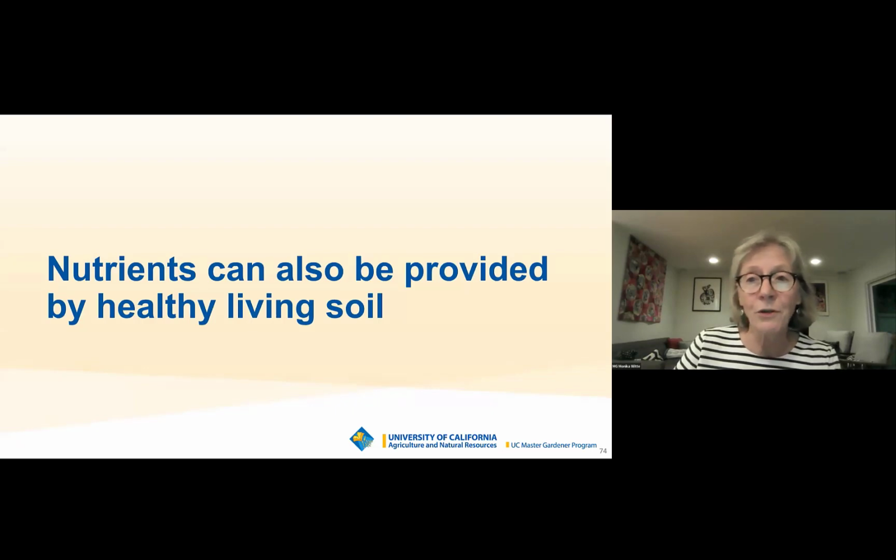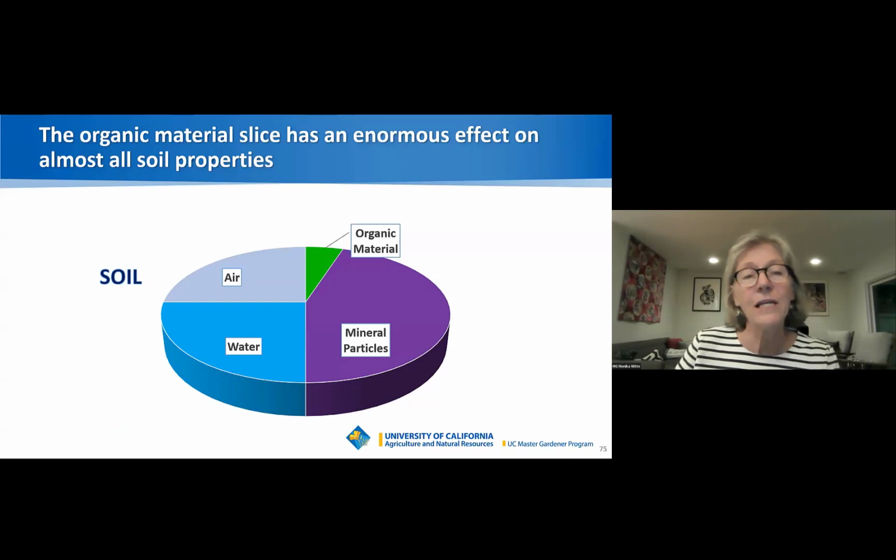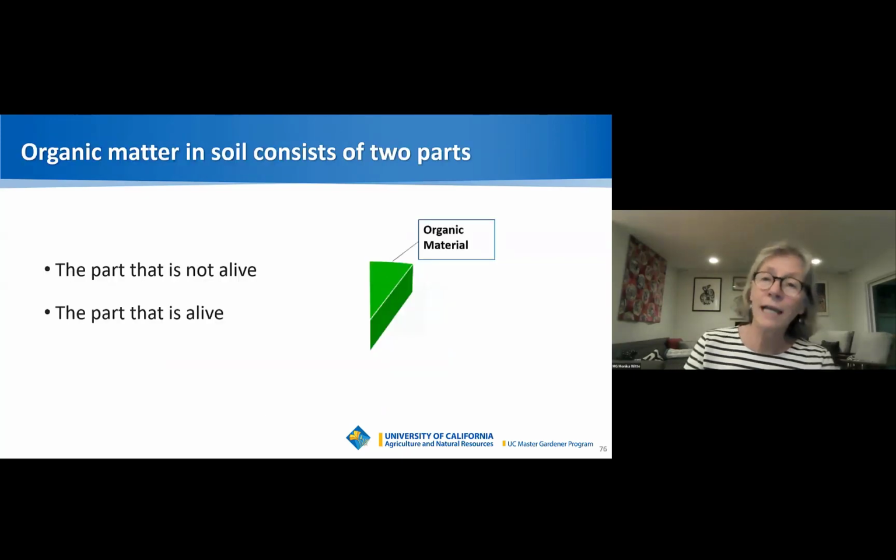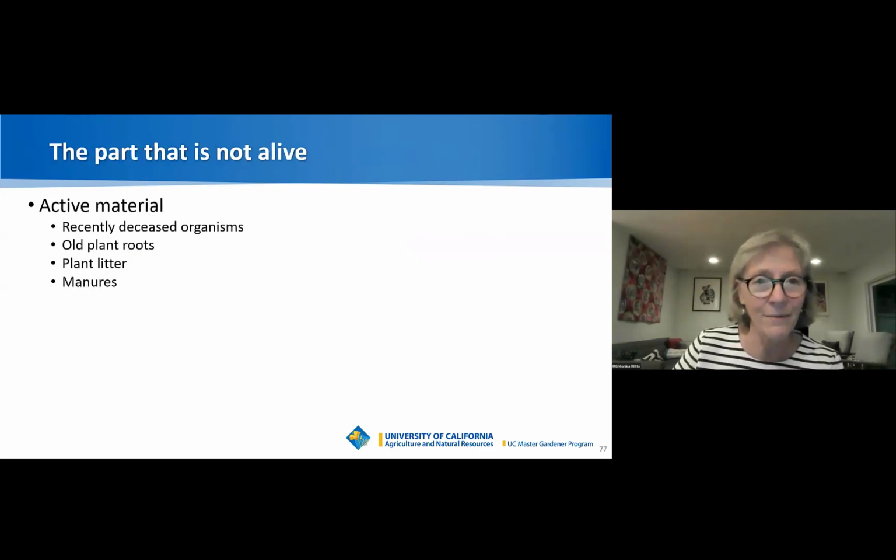So nutrients can also be provided by healthy living soil. The organic material slice in this pie has an enormous effect on almost all soil properties. And that organic matter in soil consists of two parts, the part that is not alive and the part that is alive.